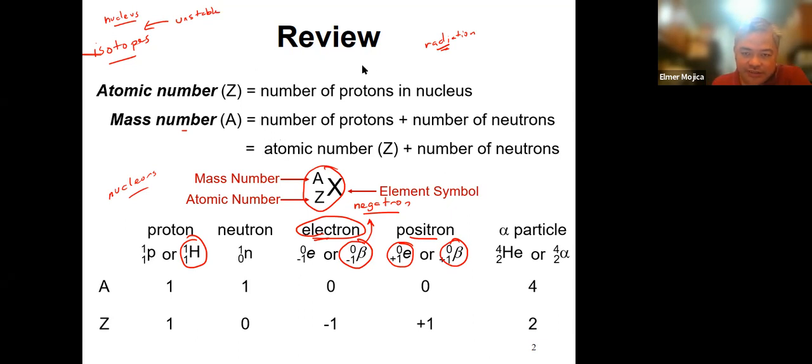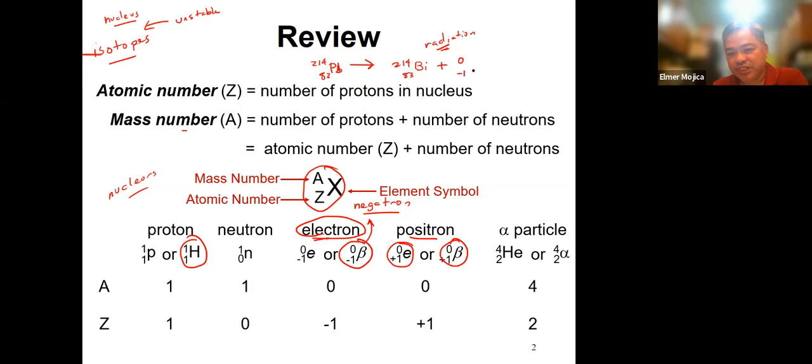So let's say you have your lead, 82 and 214. If it's going to disintegrate, it can form a bismuth that is equal to 83. So to balance both the atomic number and the mass number, kailangan mo ng subatomic particle that has a 0 mass number kasi pareho na yung mass number nilang 214 on both sides, and 1 that is negative because the atomic number here is 83 and the atomic number there is 82.